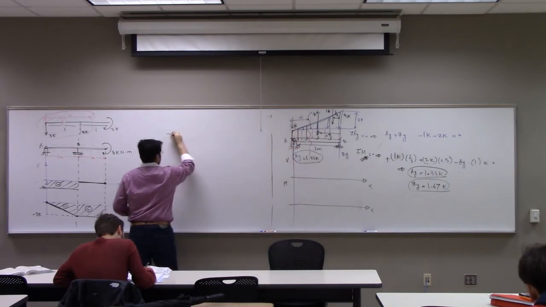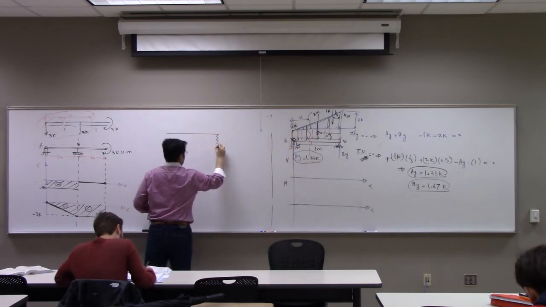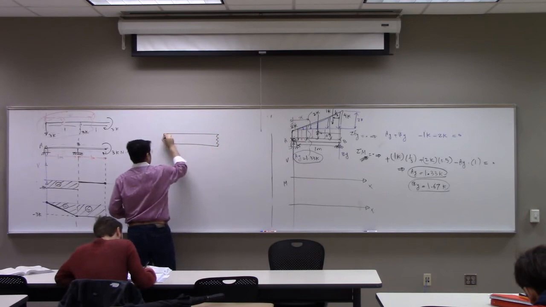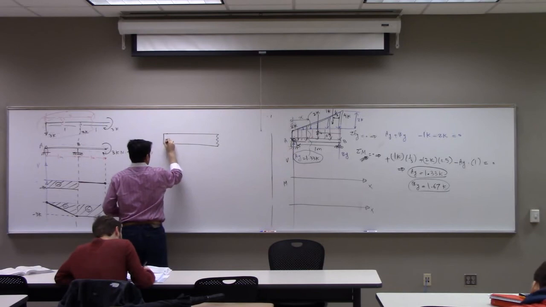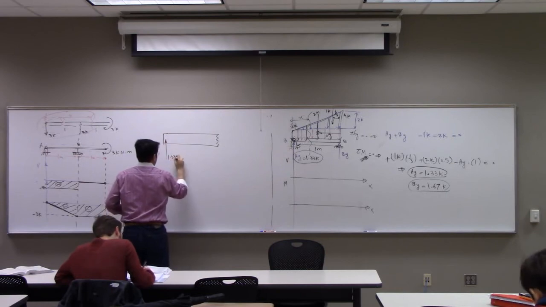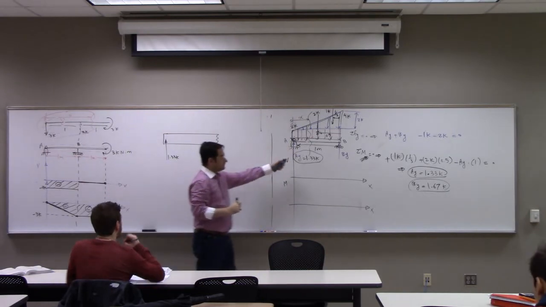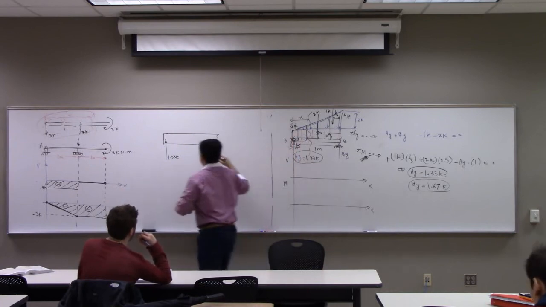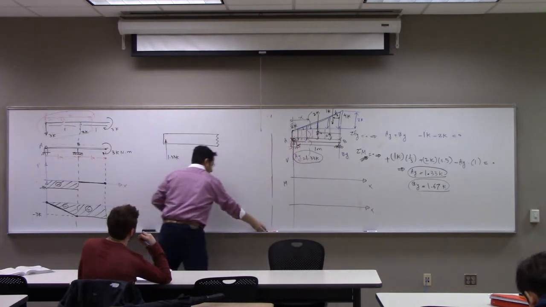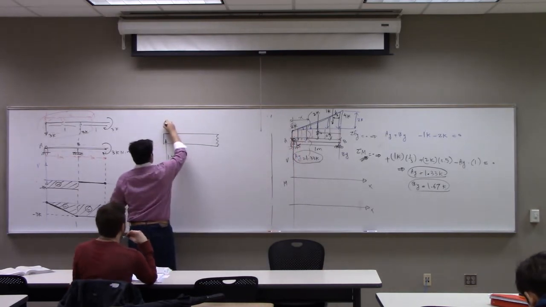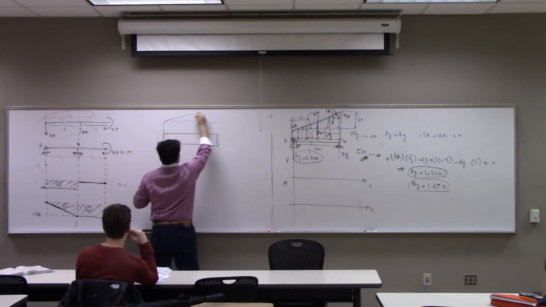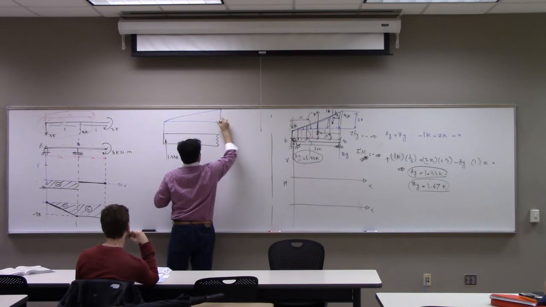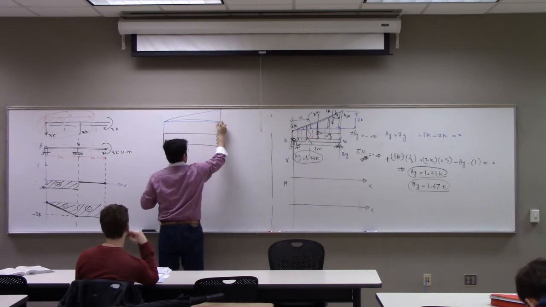So this is the close-up. You already have Ay, which is 1.33k up right here. And then you're going to get the triangle and a rectangle.